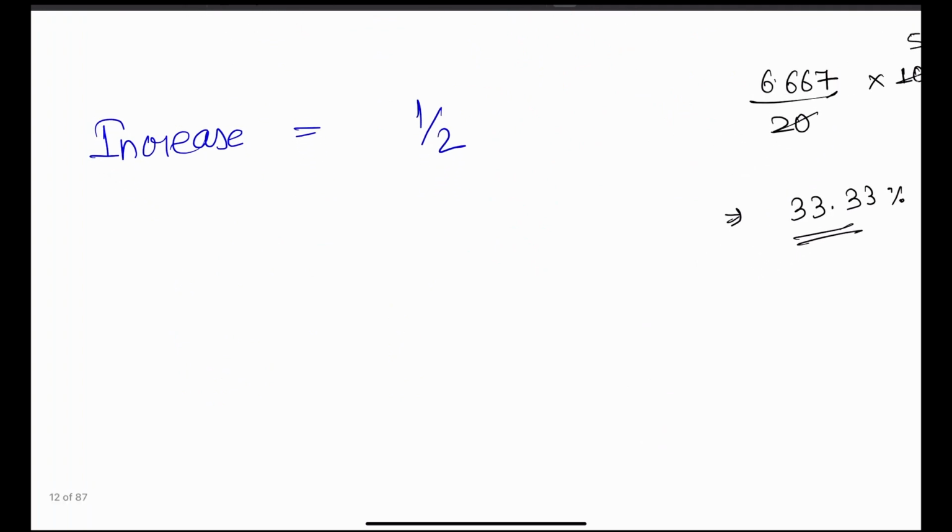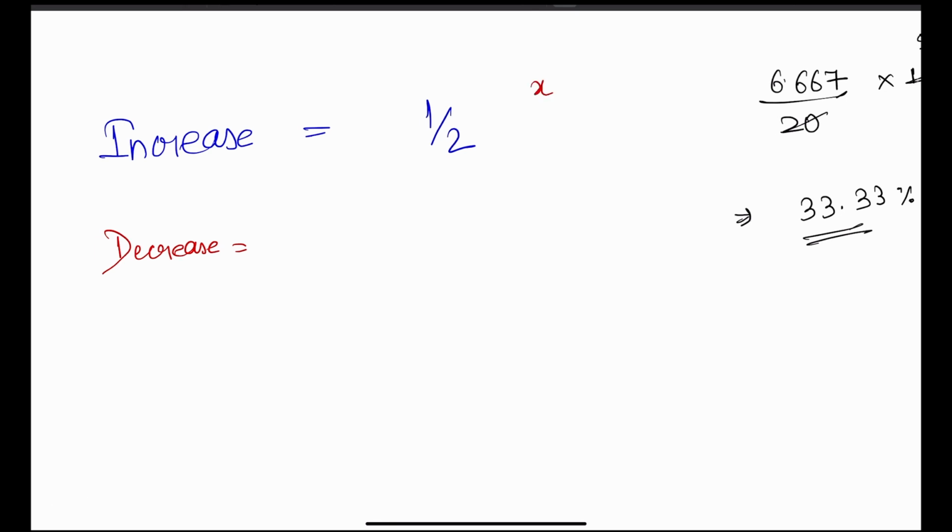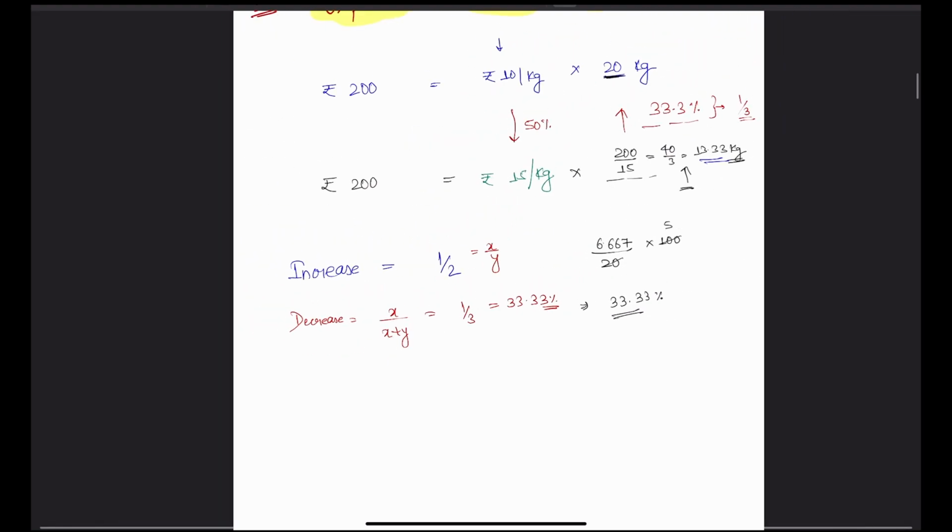So from the previous one, if I see, decrease will be what? X by y. If I use the previous same concept, decrease should be x by x plus y. That should be 1 by 3, that is nothing but 33.33%. So this is how I got the answer.